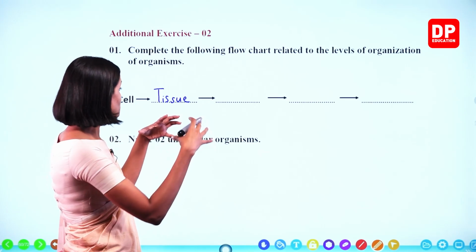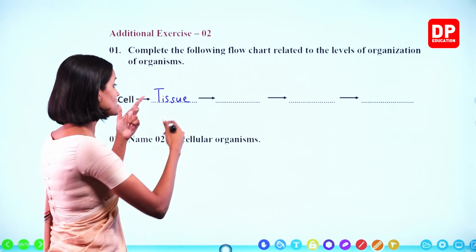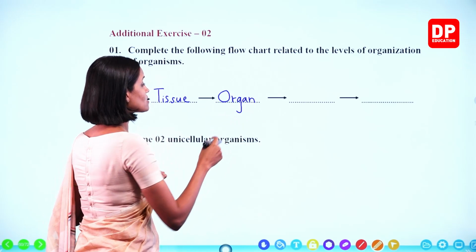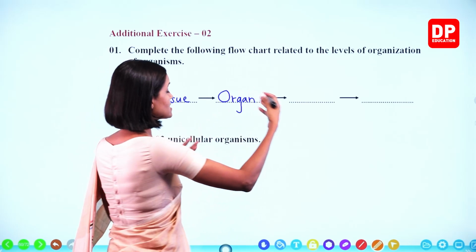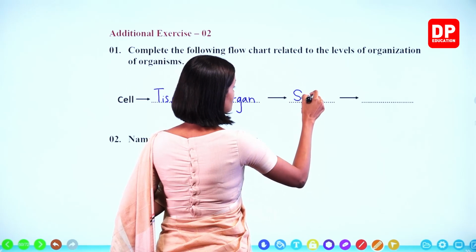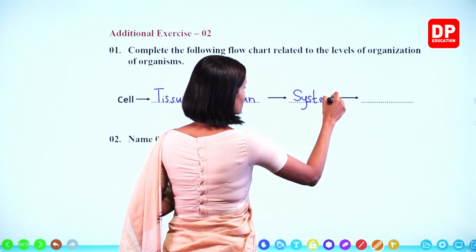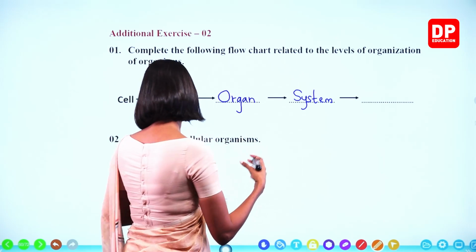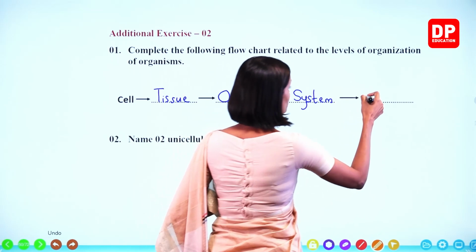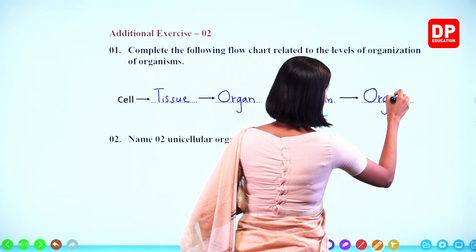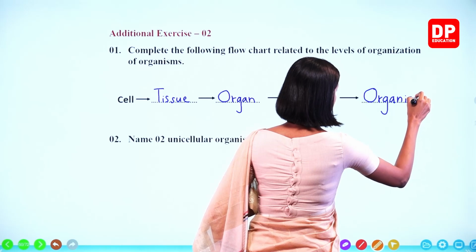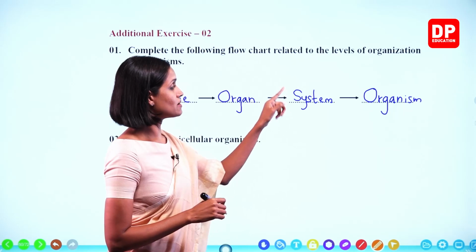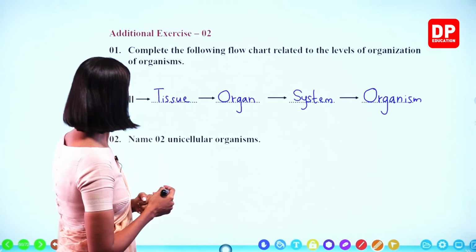By grouping a number of tissues, an organ is formed. Next one, as a combination of a number of organs, a system is formed. Finally, as a combination of all the systems, an organism body is formed. Cell, tissue, organ, system and organism, right?